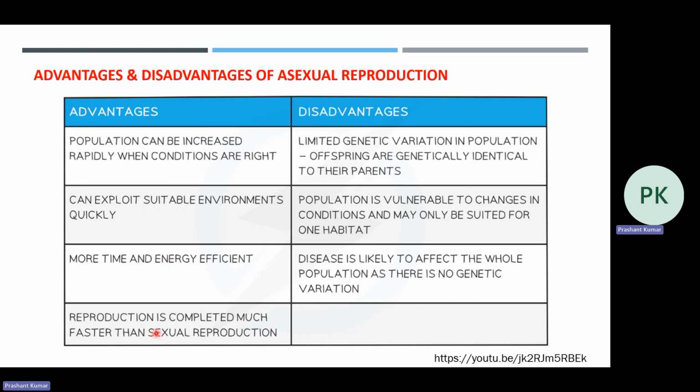Reproduction is much faster than in the sexual mode, because there is no gamete formation, no sexual intercourse, no fertilization, and no embryo formation. All these processes take time, but in the asexual method it is very quick and immediate.